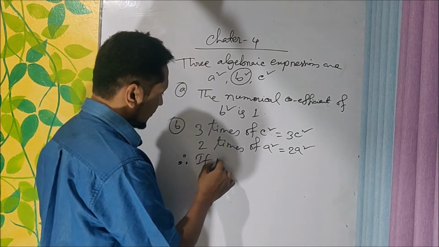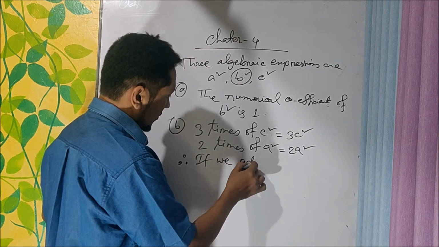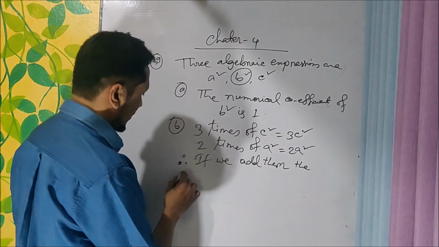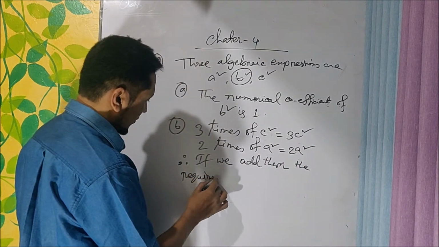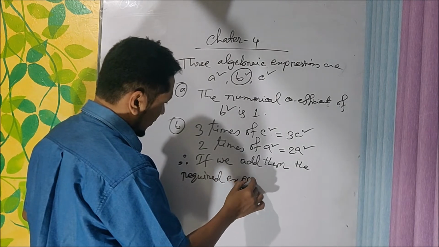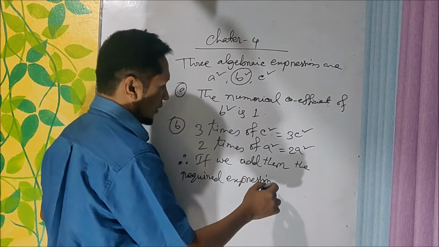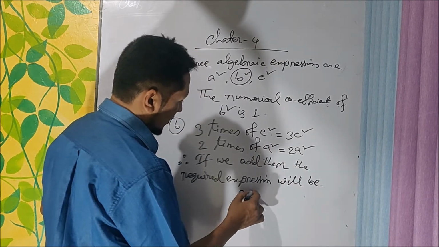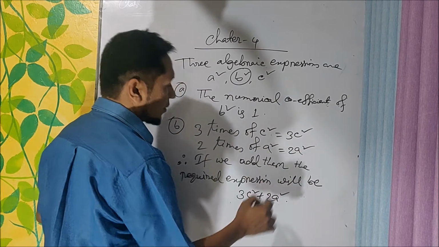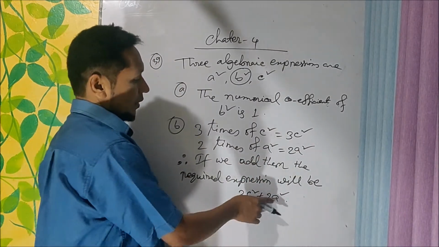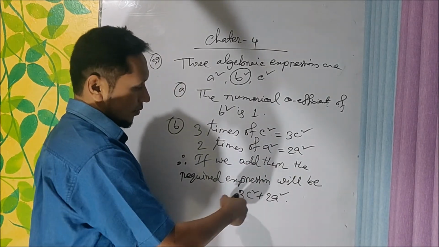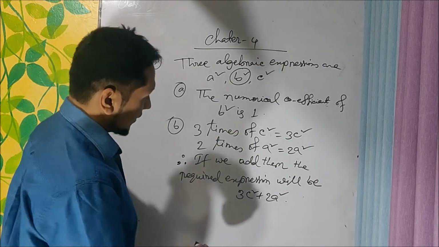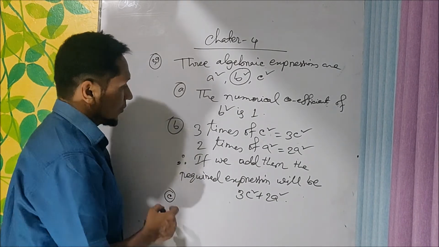If we add them, the required expression will be 3c square plus 2a square, because in algebra, if different terms are to be added, we just use the plus sign between them to represent the addition. So this completes part B.